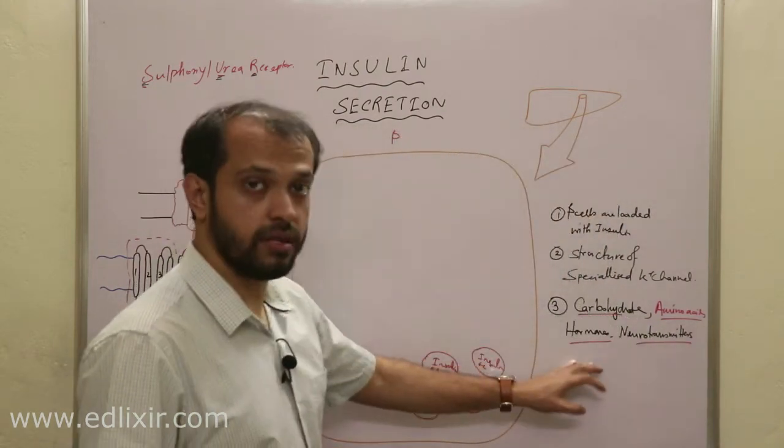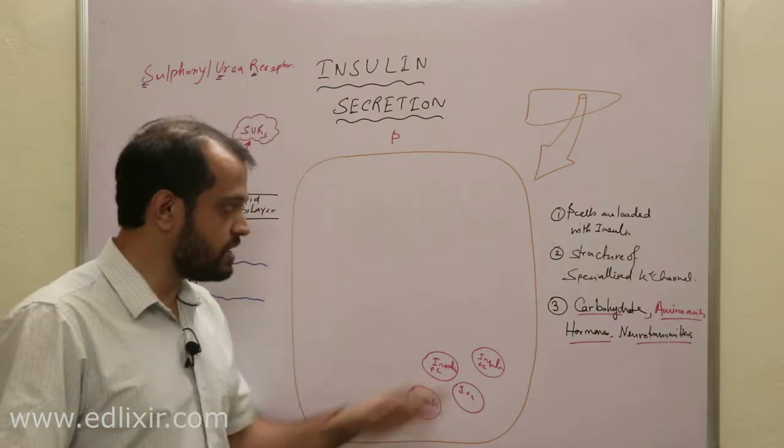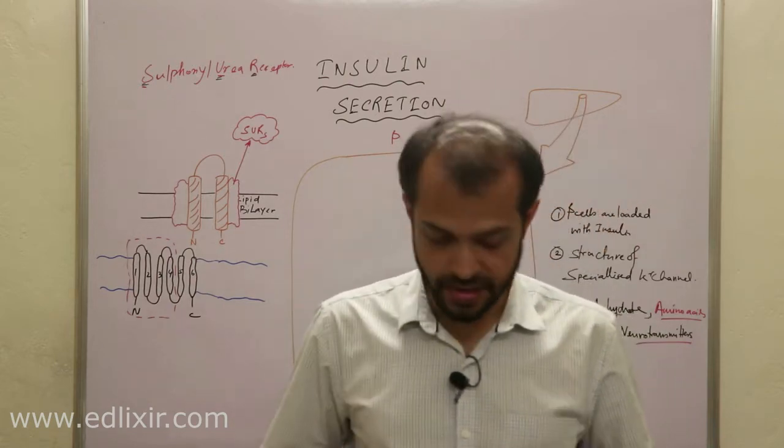These four actually control the insulin secretion from the beta cell. Clear? These four control the insulin secretion from the beta cell.